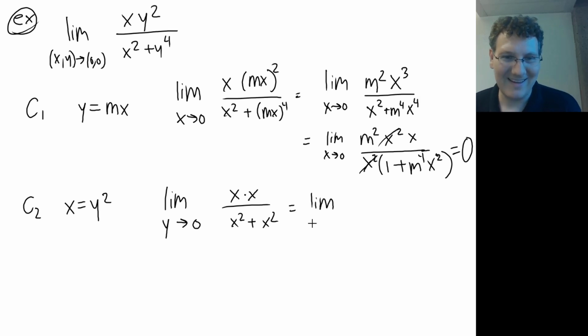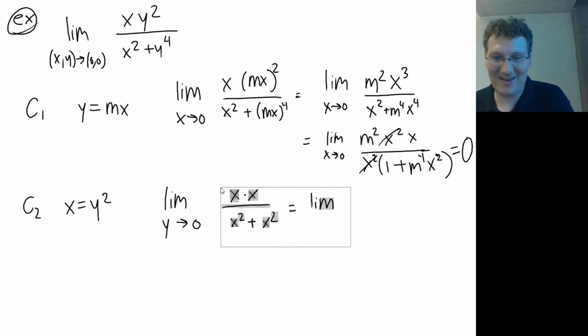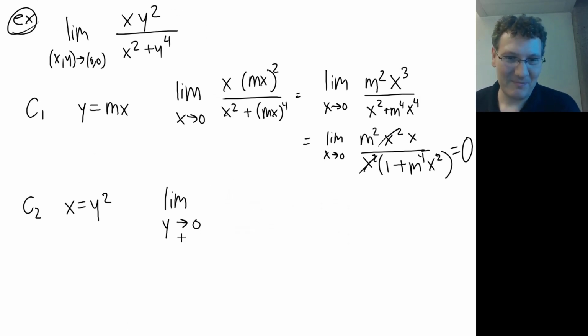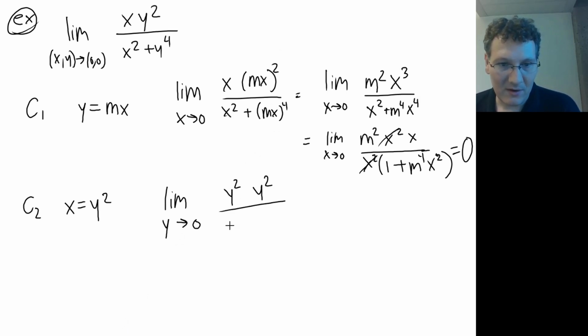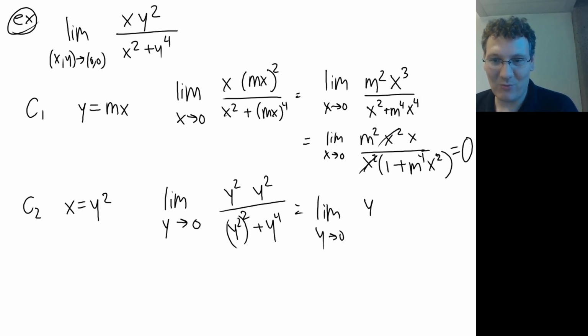Let's redo this in terms of y's. We're going to replace the x's with y squared. So we'll have y squared times y squared over y squared squared plus y to the 4th. What we get here is the limit as y goes to 0 of y to the 4th over 2y to the 4th. So this is just 1/2.